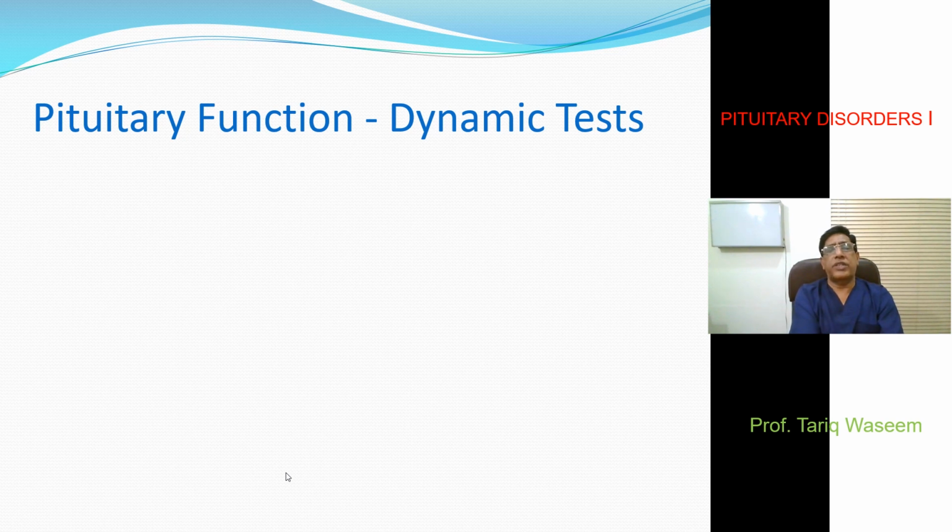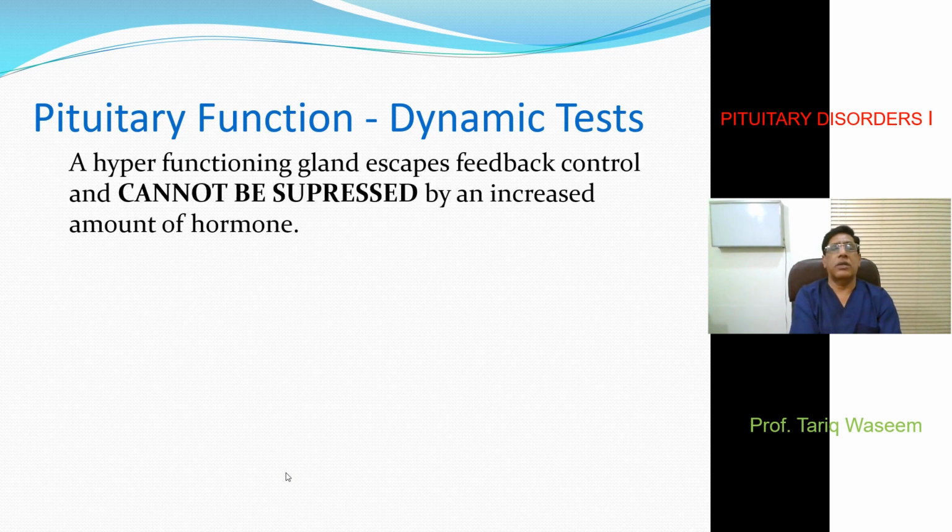How can we check that pituitary function is okay, or that a certain hormone deficiency is not a result of pituitary gland dynamics being disturbed? Whenever you have an endocrine gland, particularly in this case the pituitary, that is hyperfunctioning, the hyperfunctioning gland escapes the feedback control and cannot be suppressed by an increased amount of hormone.